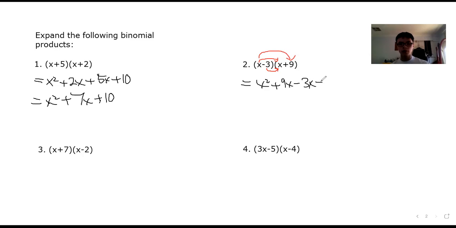And then we multiply this -3 by the last term, 9, so that would be -27 then. And then simplifying this, we just get x squared plus 6x minus 27.